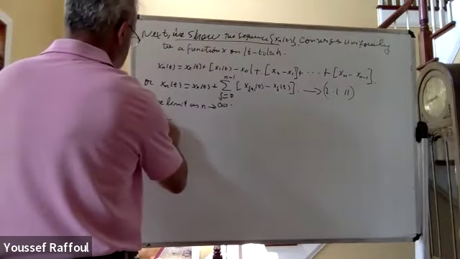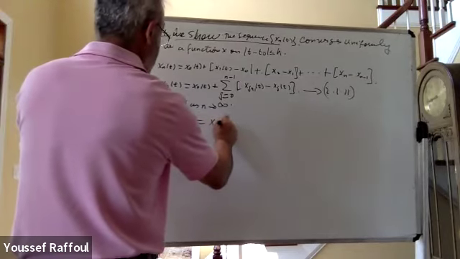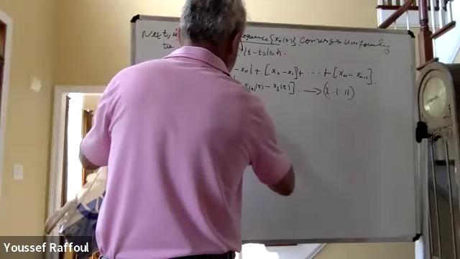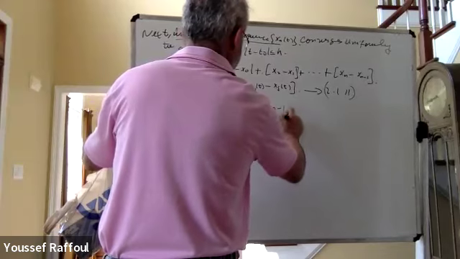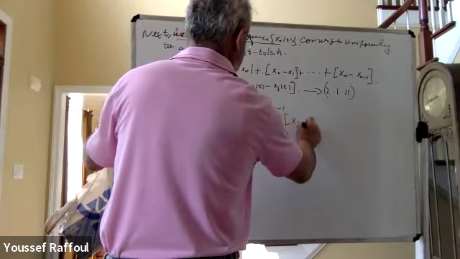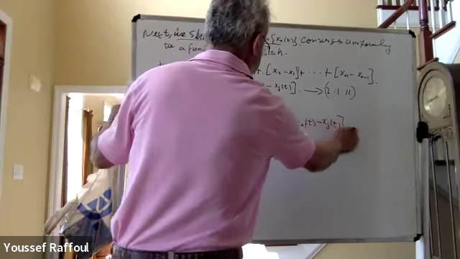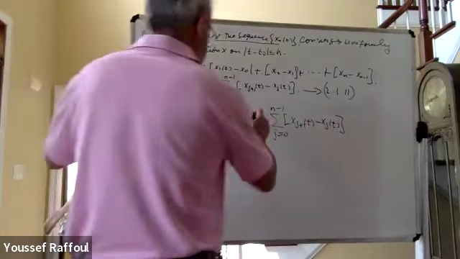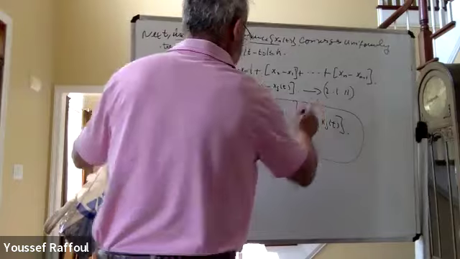So we get the limit as n goes to infinity of xn(t) equals x naught(t) plus the limit as n goes to infinity of the sum from j equals 0 to n minus 1 of xj+1(t) minus xj(t). Now, we need to find what this is.